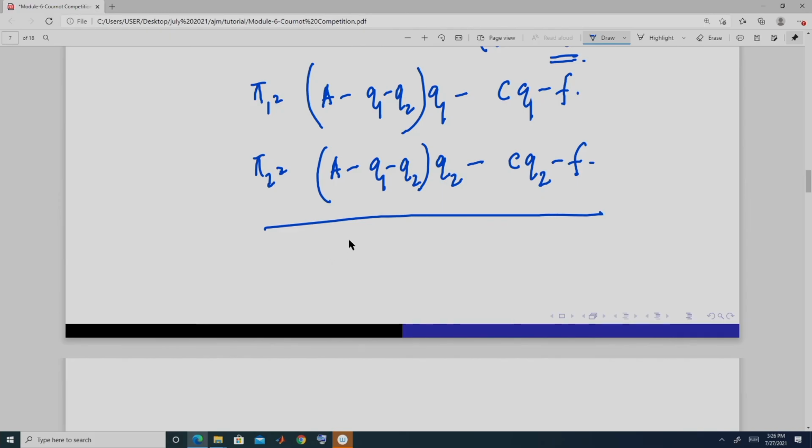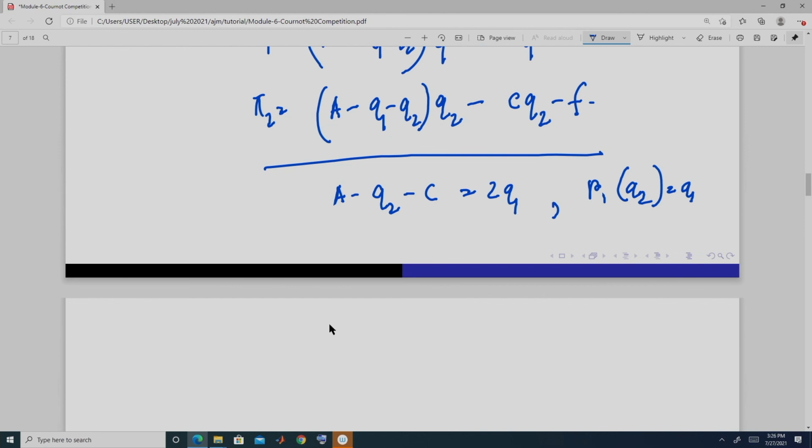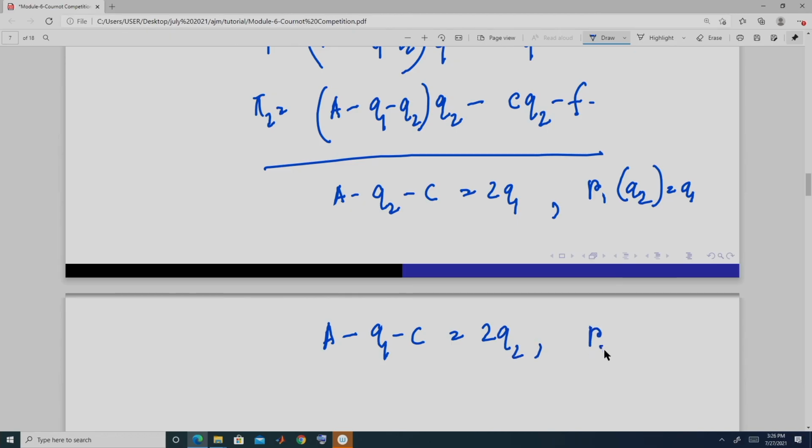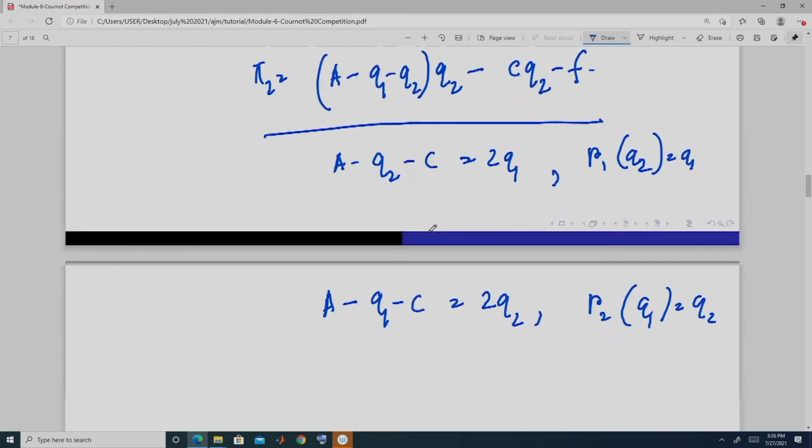So, the reaction function of farm 1, from this we get A minus Q2. This is the reaction function, and the reaction function of farm 2 is this.